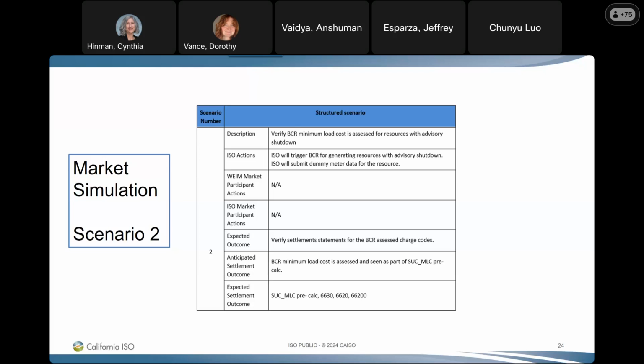For scenario 1, you could go to the CMRI report and pull up any resource with the advisory shutdown flag, and that way you would know which resources received the shutdown. We're trying to maximize the number of advisory shutdowns for the registered market participants.